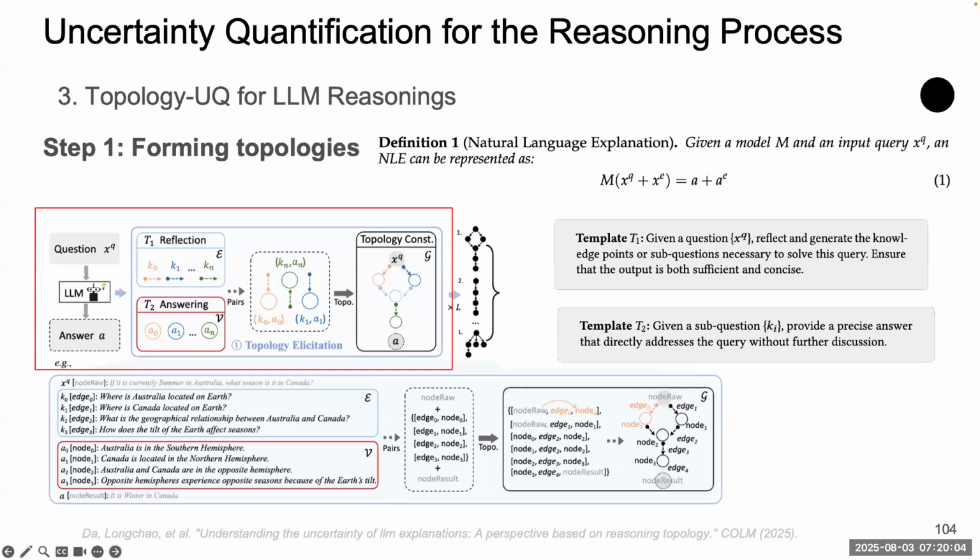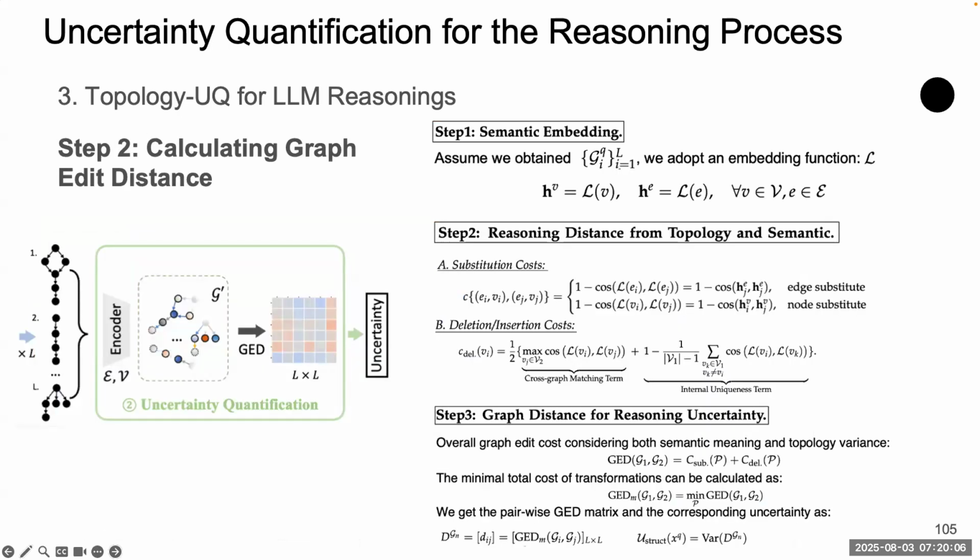With this graph, you can calculate the variability of the graph based on graph edit distance. That's a very straightforward way, right? How can I move certain nodes to a different place or change certain nodes' content so that those graphs are identical? That calculates the graph edit distance and measures the similarity between two graphs.